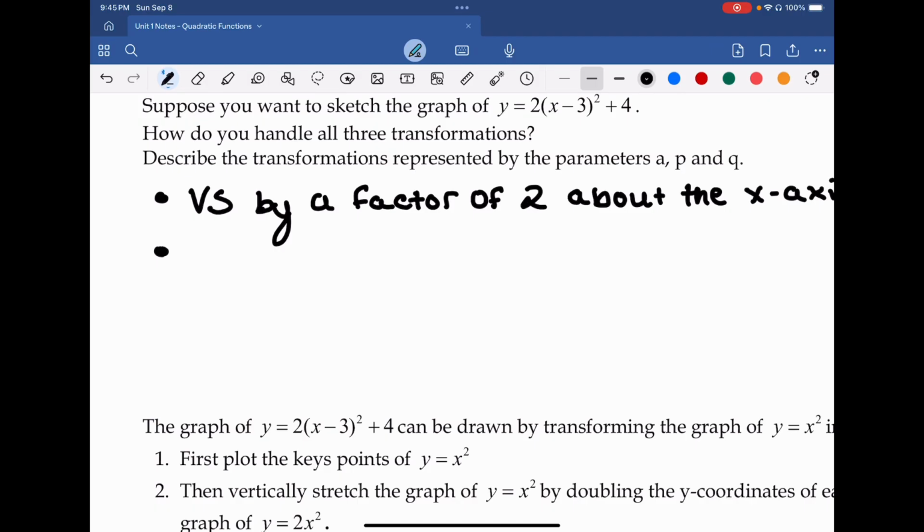So second bullet point, realistically, you could do the horizontal translation or the vertical translation first, either or. So I'm going to say there is a horizontal translation or an HT by 3 units to the right.